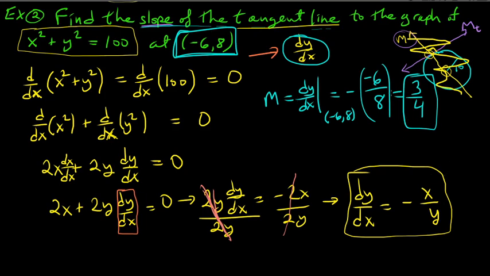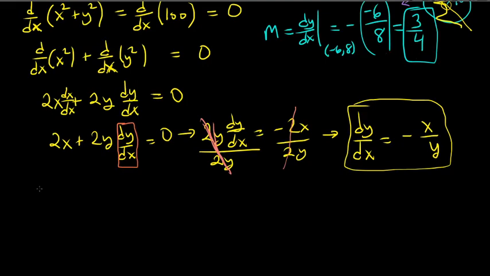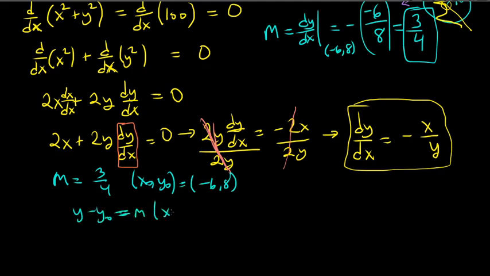So that's all we wanted to do here. If you want the equation, of course, you have the slope and you have your point, your x0, y0. That's still negative 6, 8. Now you just use the point slope formula that we've used many times already. So you just plug in these numbers here, and then you solve for y. And if I remember right, I think you just get y equals 3/4 times x plus 25 over 2.